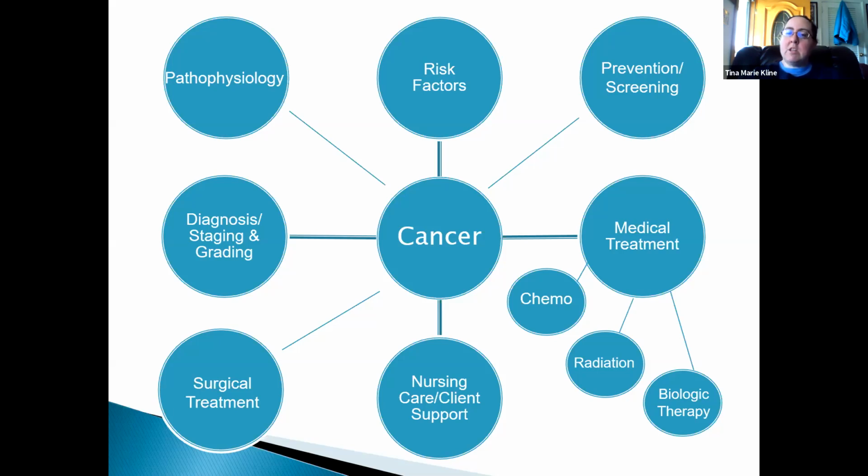Biologic therapy, I had mentioned a little bit before. This is kind of our new area. And when I say new, I'm talking like the last 20, 25 years. But this is where we're really starting to do the gene mapping and using what we call monoclonal antibodies. They're doing the gene mapping and finding certain antigens that are on the cancer cells, so then developing antibodies that will attack those specific antigens.